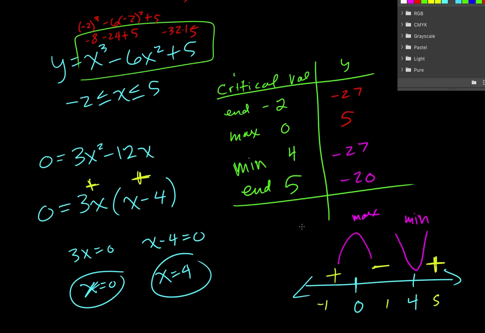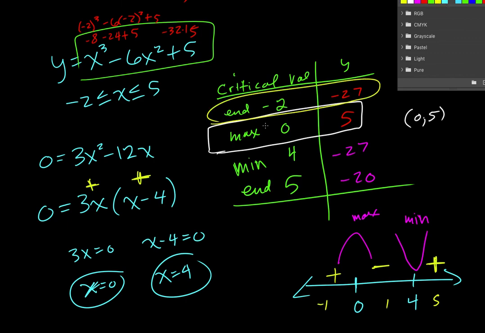Now, it wants us to say the lowest point and the highest point. So obviously the highest point is this one, because 5 is the largest number out of all of these. And so we say the highest point is going to be 0, 5. Now the lowest point is actually tied with the endpoint and the minimum.